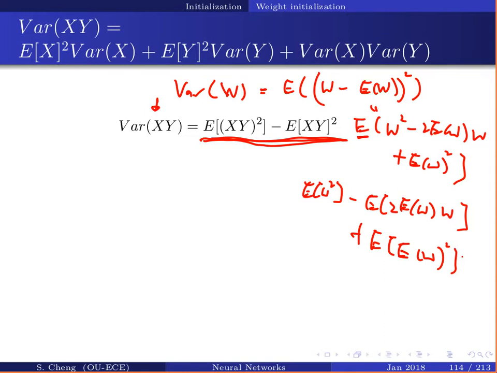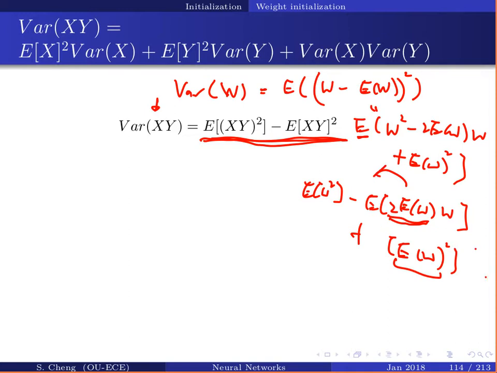And of course, when you do an expectation, you're computing the mean, right? Once you compute the mean, it is a constant, so the expectation of the expectation is just itself. Therefore 2 expectation W is a constant, and you can pull it out.